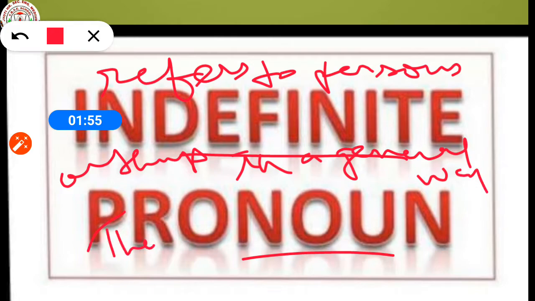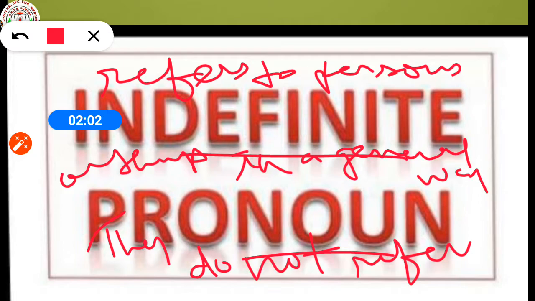They do not refer to them in particular. Means indefinite pronouns do not refer to a particular person or particular thing.